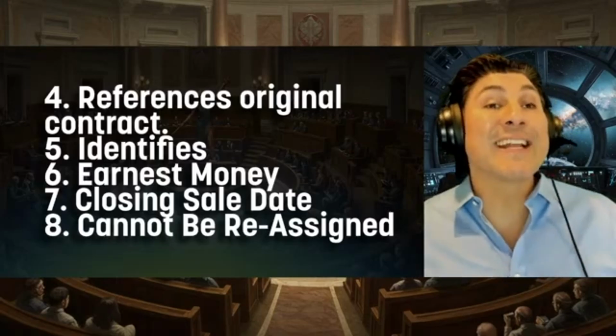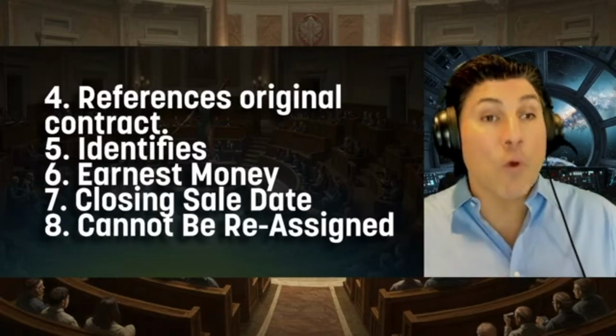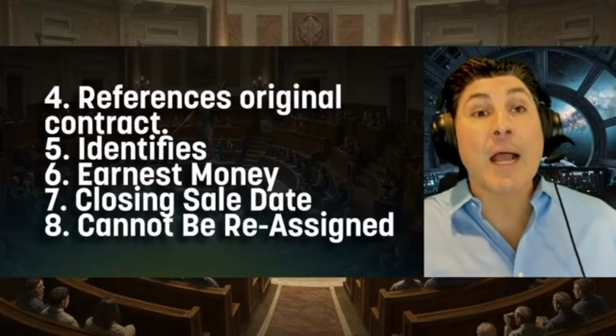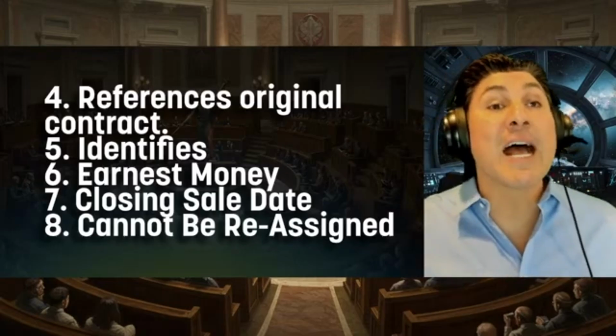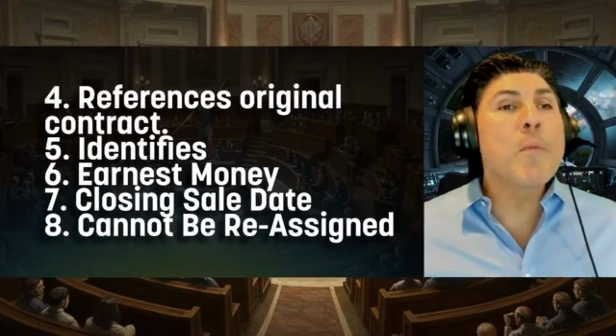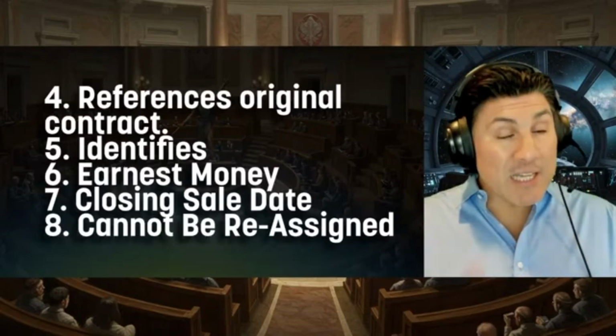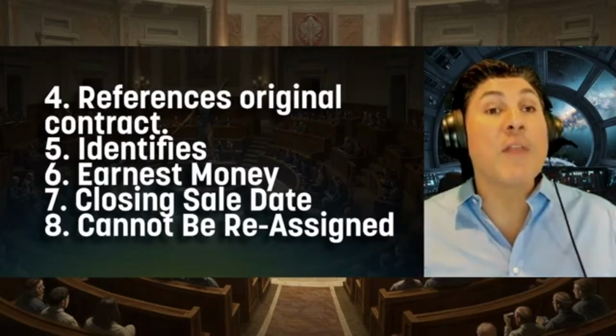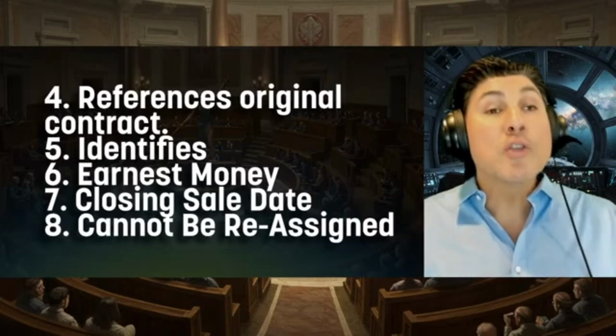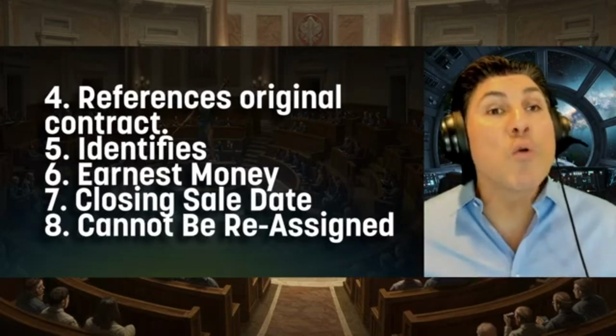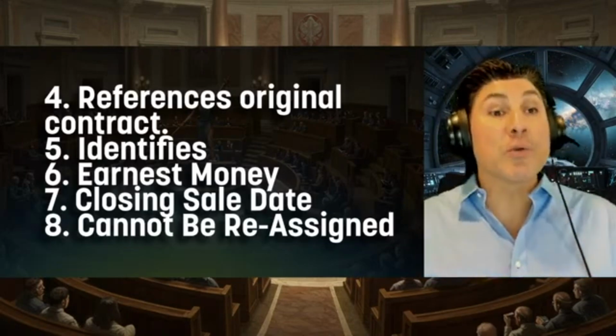And in that same contract, it identifies you as the assignor. When you are assigning the contract to another buyer, you are the assignor, and the new buyer is the assignee. So you want to make sure that you identify all of these things on that assignment agreement, so there is zero confusion between who everybody is with relation to this deal.